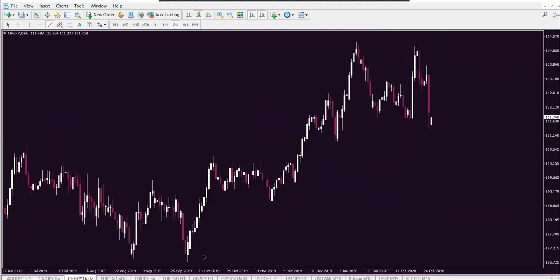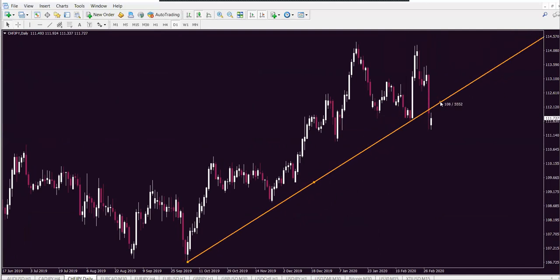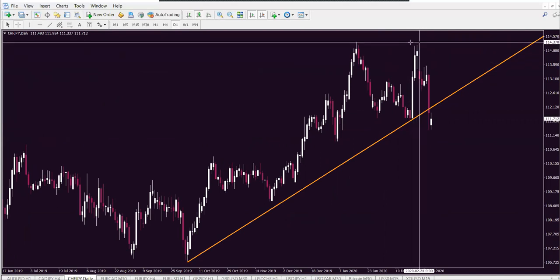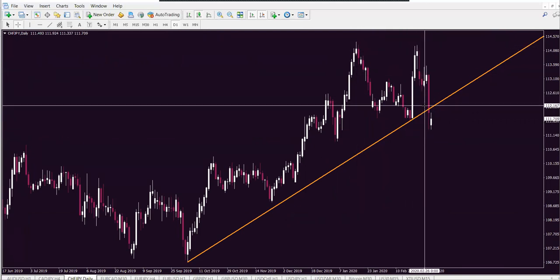So if we draw this trend line, this would be correct right here. And guys, realize I didn't use this point, so this would be incorrect, right? Because price didn't make a higher high, so this high is still higher than this high.